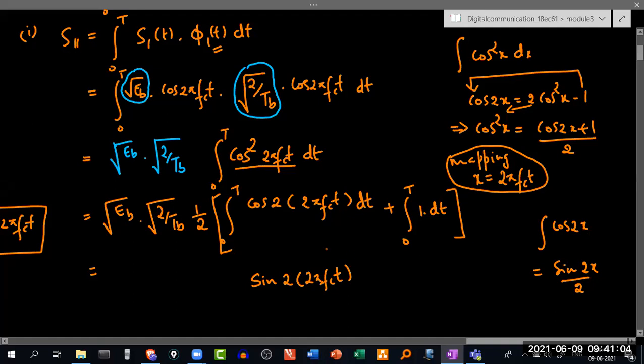So keeping that in mind, if I integrate this, I'll be getting sine 2x whole divided by 2. And over here, the lower limit is 0 and the upper limit is capital T, plus here I'll be getting small t from 0 to T over here.